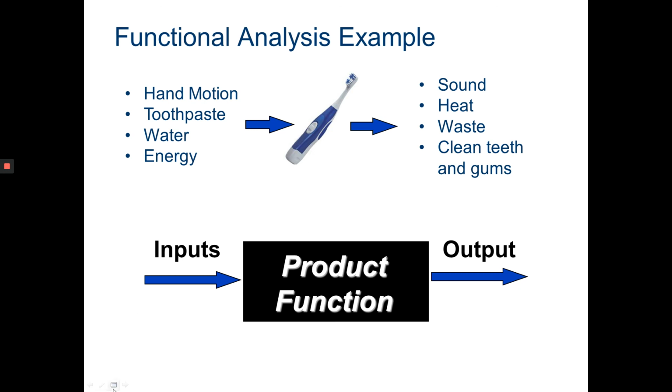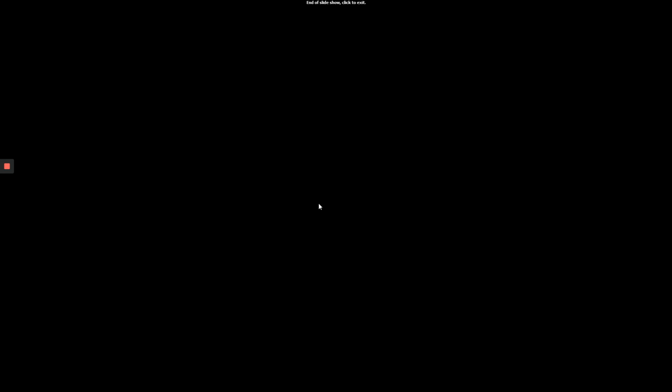Again, the black box is representing the unknown of what's going on inside the toothbrush. We don't know for sure. We can't see it. So there you guys have it. Very simple, very basic idea of what a functional analysis is.